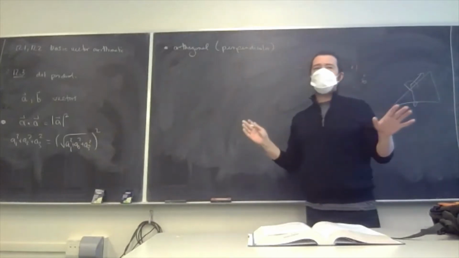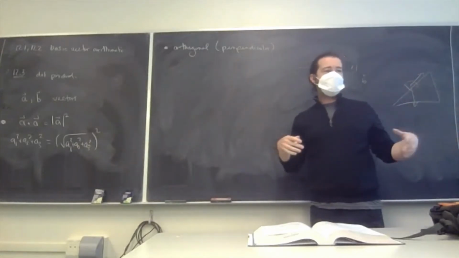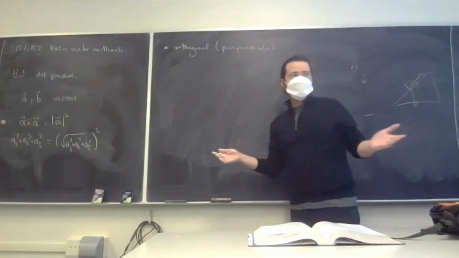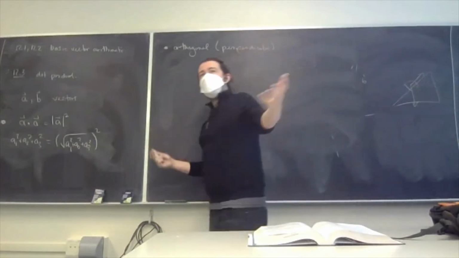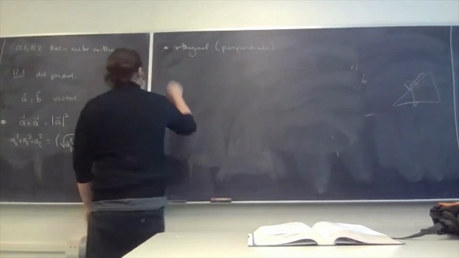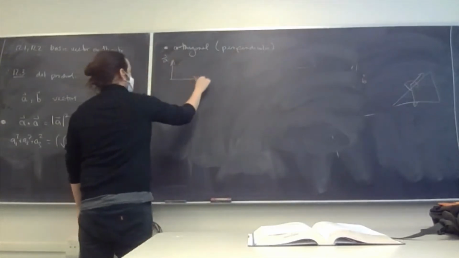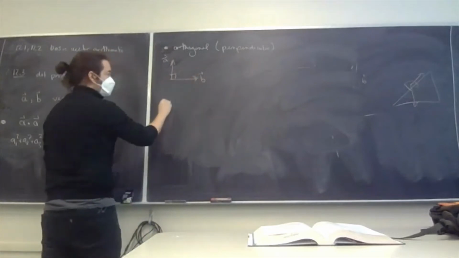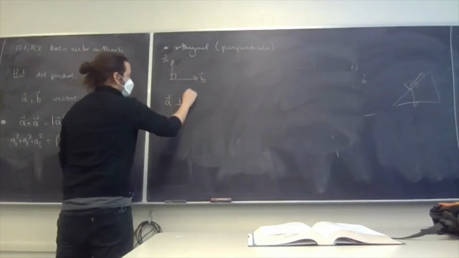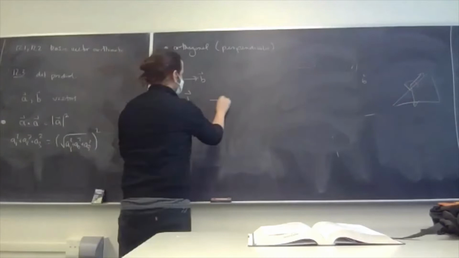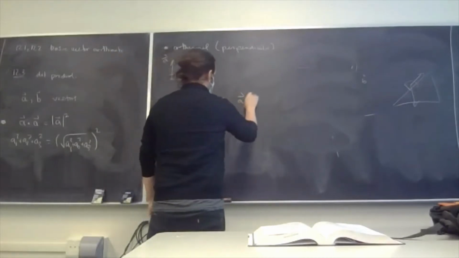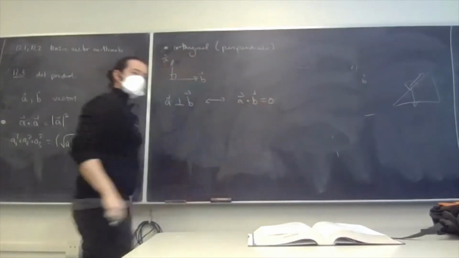They're basically the same word from two different roots, one from Greek, one from Latin. So don't offend me if you say orthogonal when I say perpendicular. The idea here is that two vectors are at a right angle. Okay, A is perpendicular to B. That happens precisely when A dot B is zero.